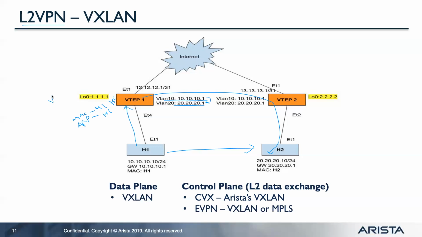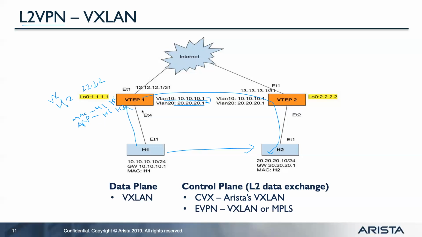We also update the VXLAN address table that to reach H2, you have to send the packet to 2.2.2.2. And we also update the ARP table for H2, because we now received the ARP reply. So this is how we do it in the data plane.